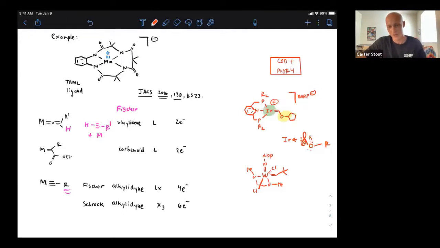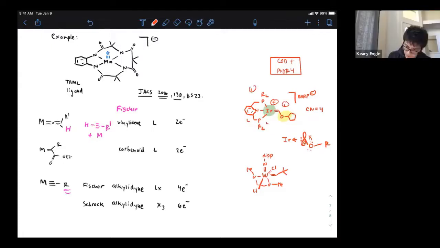So then coordination number would be 4. Iridium would be, I guess the Fischer carbenes are like L, so it'd just be iridium 1. Okay, 4 L's, Fischer, iridium 1. We see it's +1 here. I'm going to delete all this because it's just making it too busy.